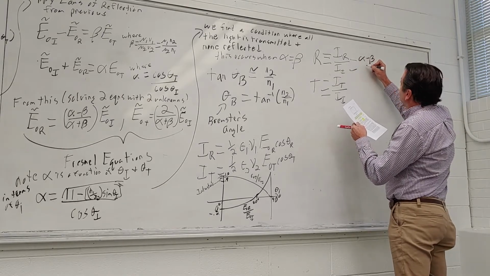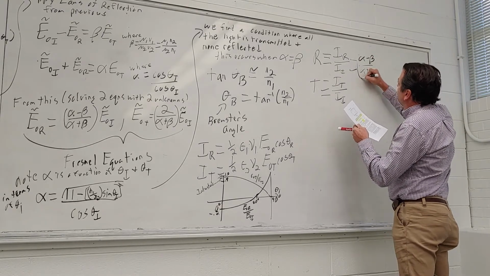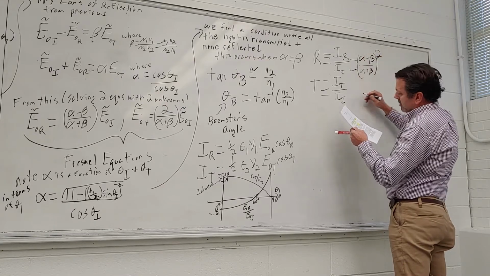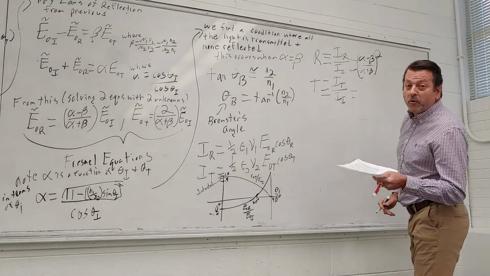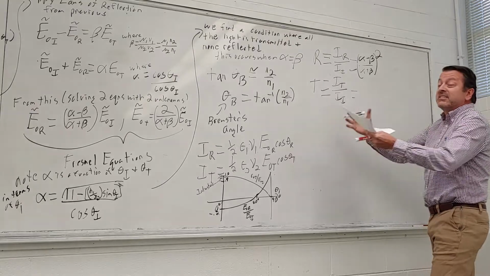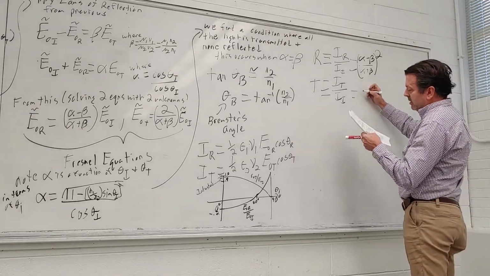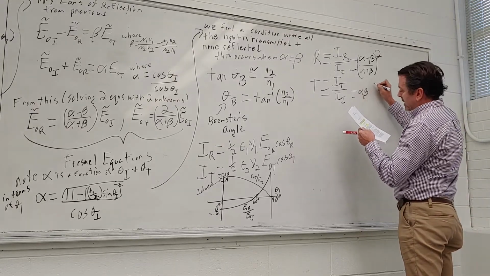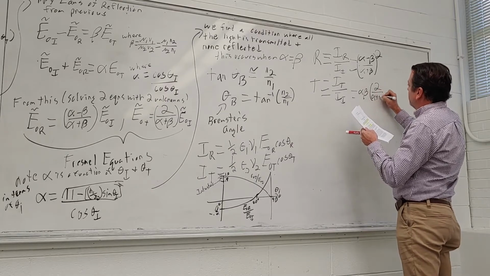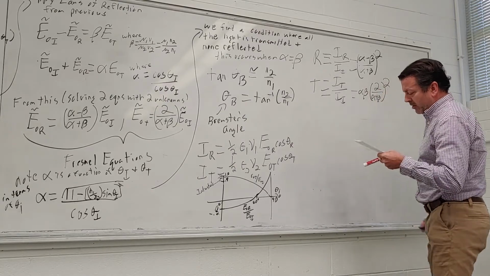Alpha minus beta over alpha plus beta, quantity squared. And notice it's similar to before, but that was a special case. This is now the general case. 4 alpha beta over alpha plus beta, quantity squared.